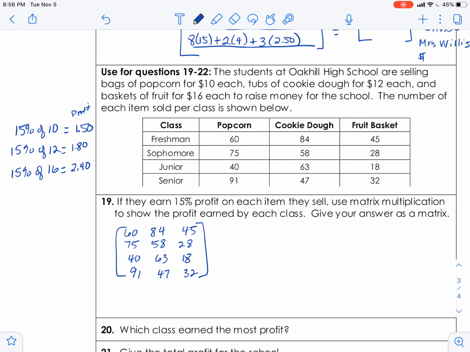And so the question is, when I go to calculate, because I want to know the profit that each class is going to make, do I need to put my profit here?